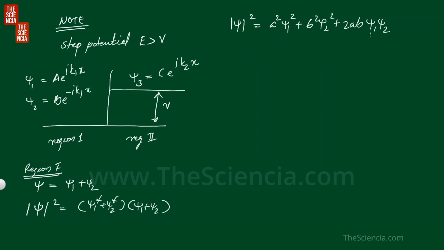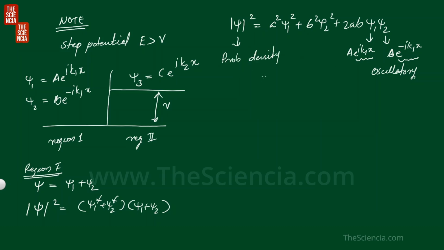And here psi 1 and psi 2 consist of i terms, that is psi 1 is equal to a e raised to i k1x and psi 2 is equal to b e raised to minus i k1x. Here the values e raised to i k1x and e raised to minus i k1x are oscillatory in nature. And here, what is this mod psi square? That is the probability density.